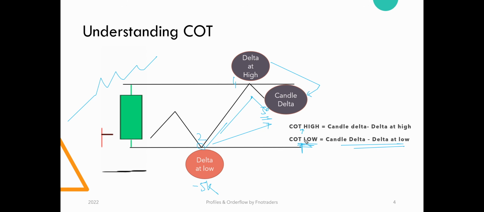Similarly, I would expect caught high to be negative if I'm expecting the market to trend down, because there were buyers here, then sellers should have stepped in. Eventually the close delta should be lower than the delta at high, so I'd expect this to be negative in the period of the candle.